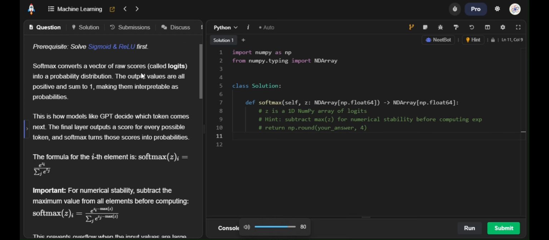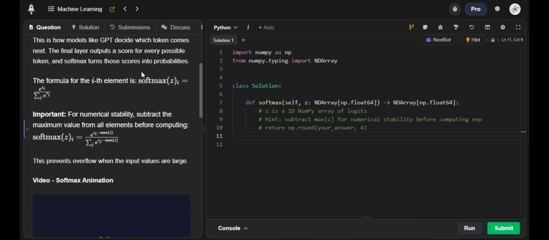So let's begin implementing the softmax function. As we have seen before, the formula for the ith element of softmax is e to the power z_i, which is the exponential of an element, upon the sum of all the exponentials for that array. And we will be following an important note here.